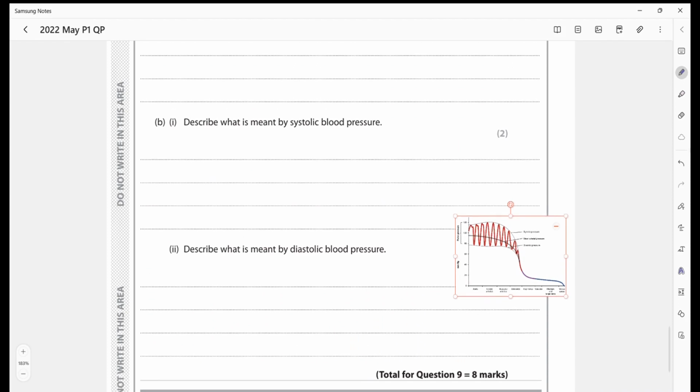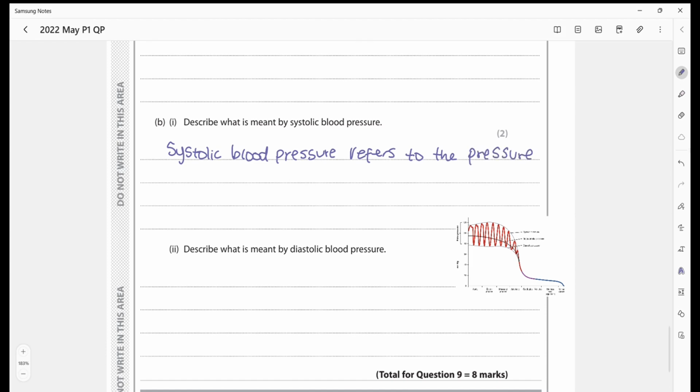Okay, describe what is meant by systolic blood pressure. So systolic pressure refers to the pressure of blood exerting against the walls of the vessels.